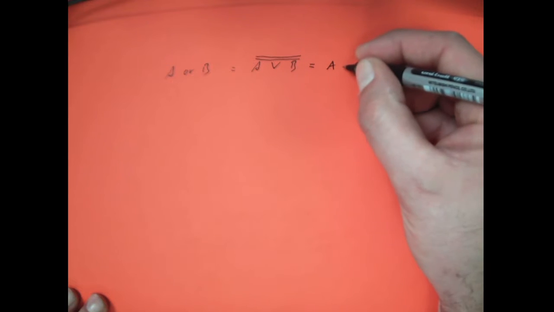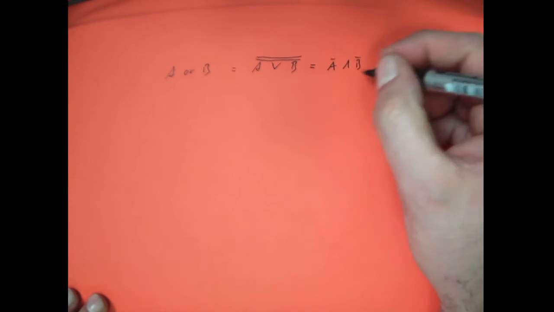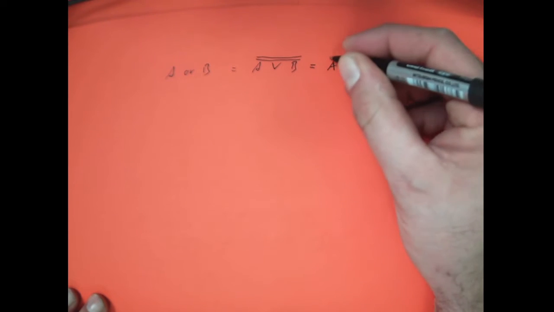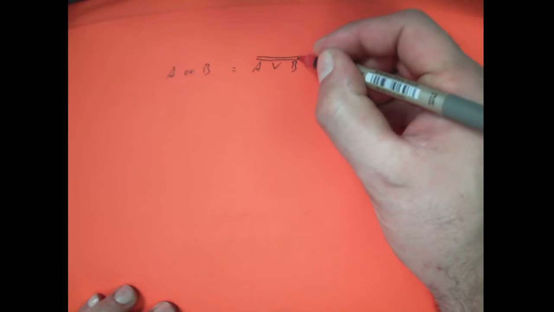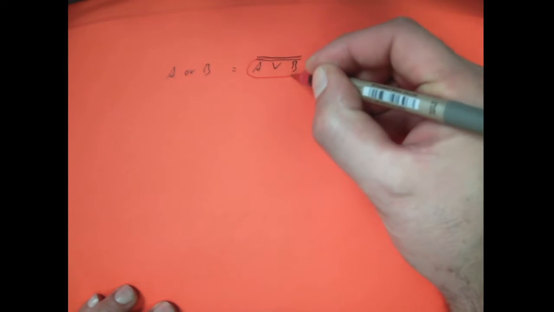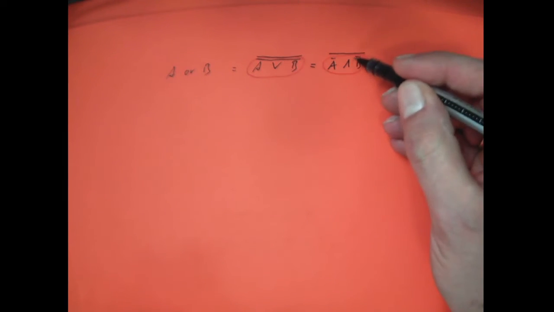So A and B, and then we have to negate both of them, and we keep the other one. So if you watch this part, we use this DeMorgan Law, and then we can replace an OR with this setup. So let's see if the result is really the same.